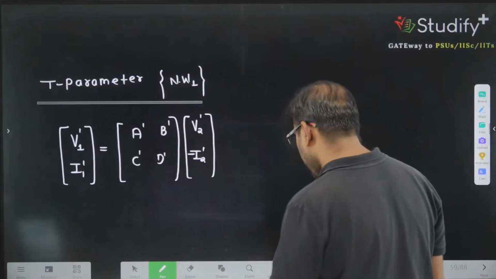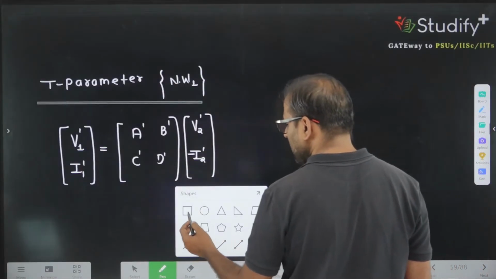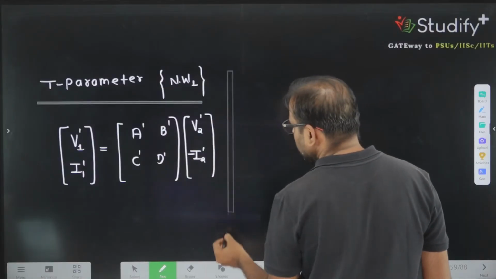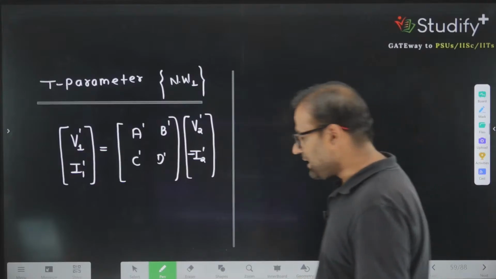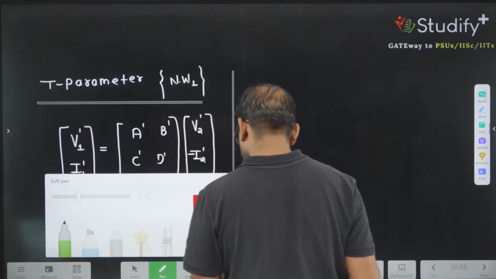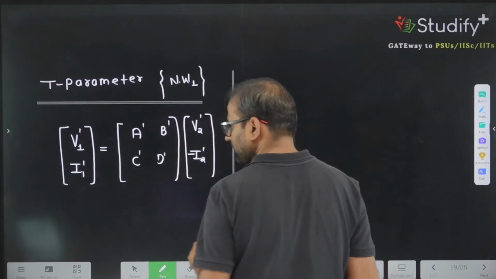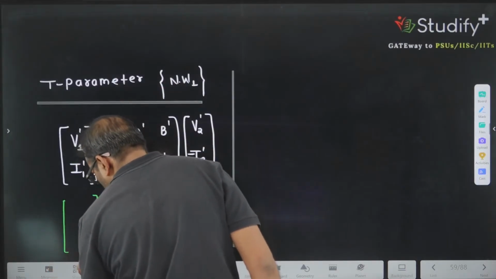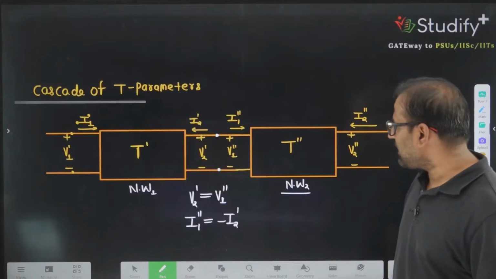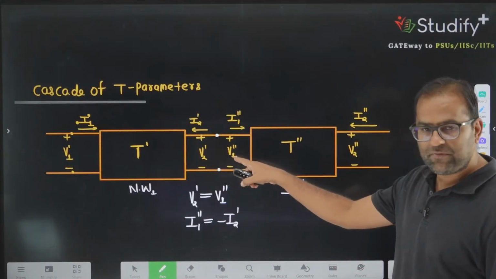And what about the cascaded second network? For the cascaded second network we are having this arrangement. What is the input port? The input port here is V1 double prime and I1 double prime.